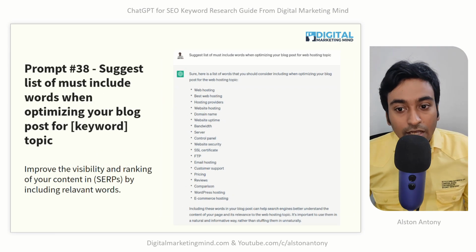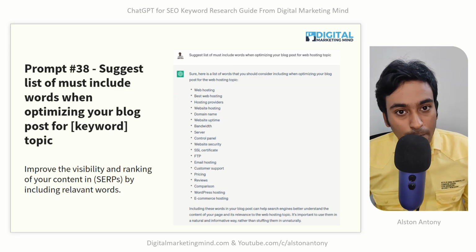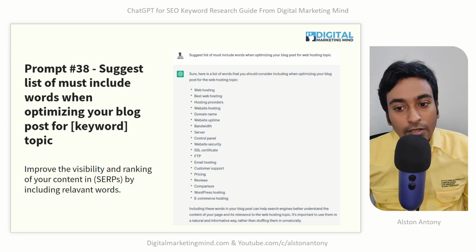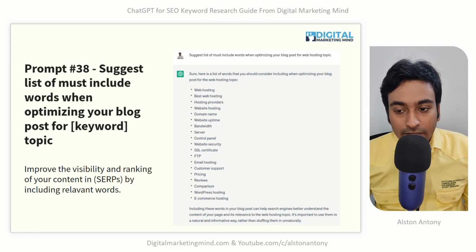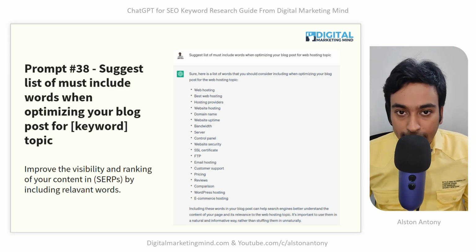Prompt 38. Suggest a list of must-include words when optimizing your blog post for the keyword topic. Here we are asking ChatGPT: I have already decided this is going to be my main keyword which I am going to target.